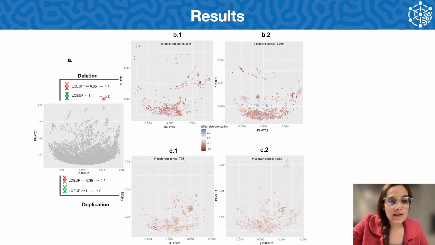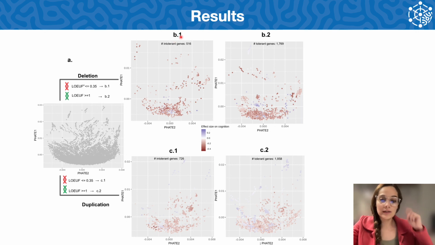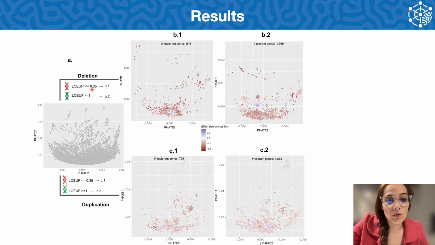I should mention that we also divided this into two panels, B1 and B2, in which B1 represents the most intolerant genes, with a LOF score less than 0.35, and B2 the tolerant genes, with a LOF score more than 1.